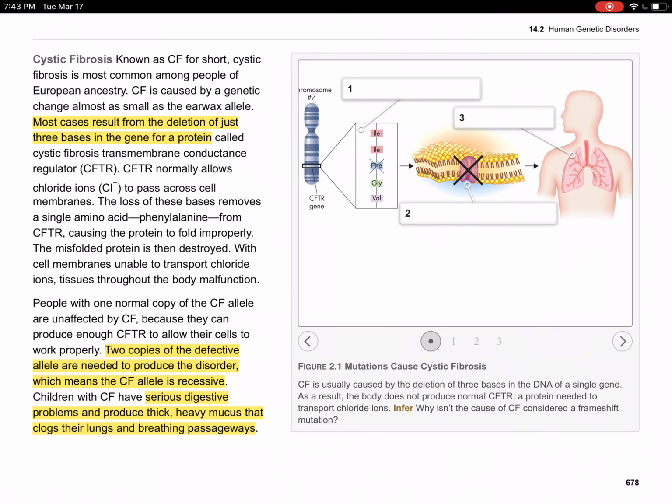Cystic fibrosis, also known as CF for short. It's most common among people of European ancestry. The cause of cystic fibrosis is the deletion of just 3 bases in the gene for a protein.